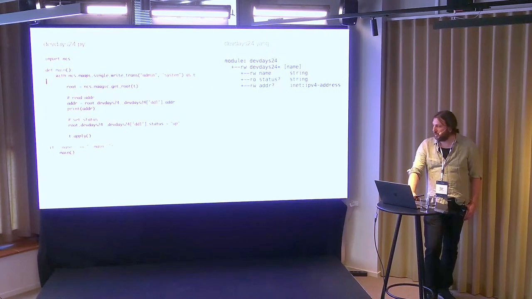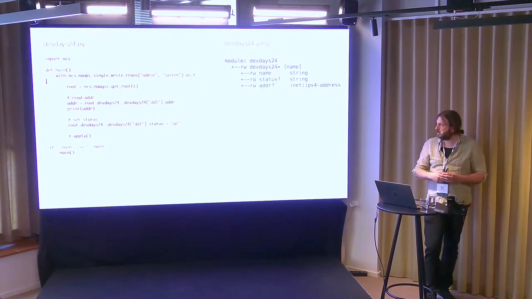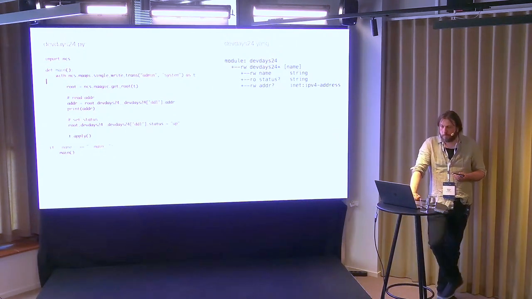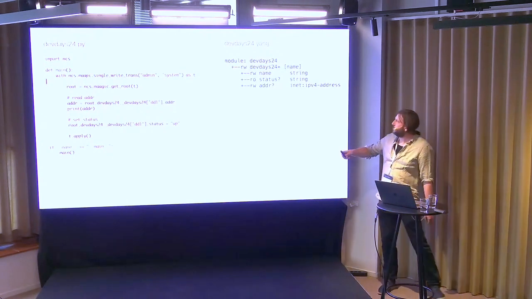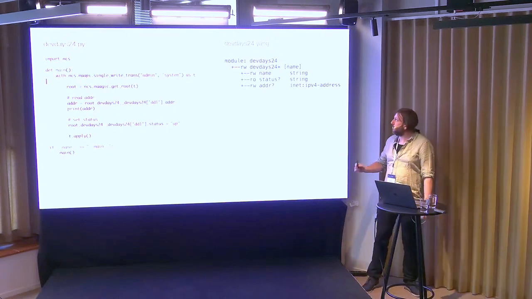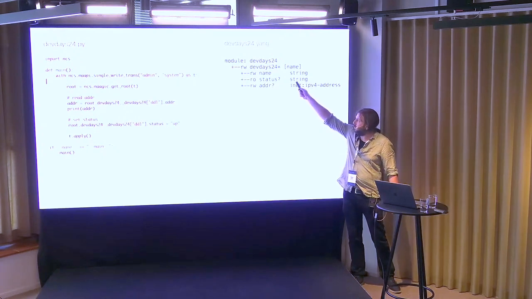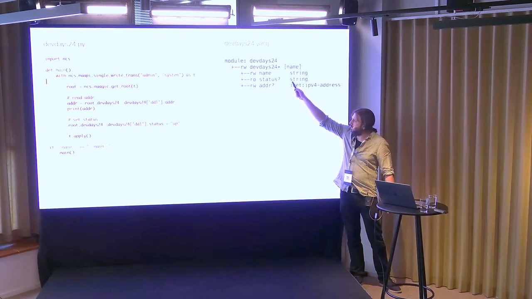In this case, I just print it, but then I do something else. You see below it, I set the config false leaf status as well, because remember our model that I showed in the beginning, everyone paid full attention and remembers by heart. There is an operational data leaf here which is a string called status.